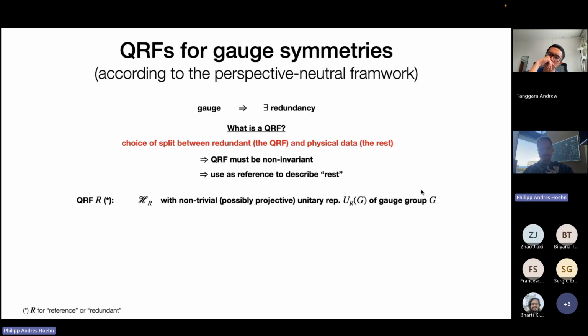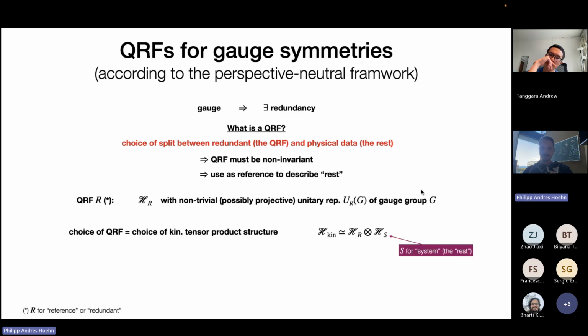And now the statement that the frame implies a split between redundant and non-redundant: what we mean by that is that the choice of quantum reference frame implies a choice of tensor product structure on the kinematical Hilbert space, the total Hilbert space, so that you can factorize it into the frame part and the rest, and we're going to call the rest simply S for system.